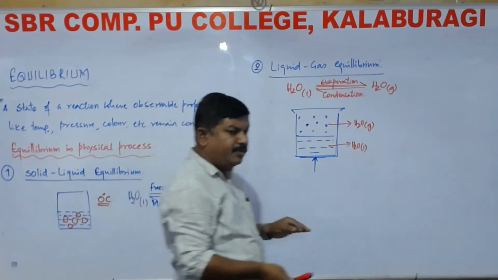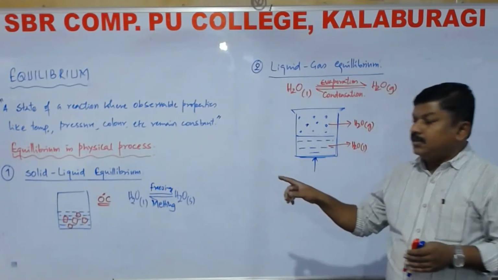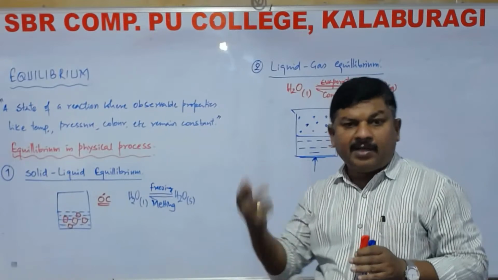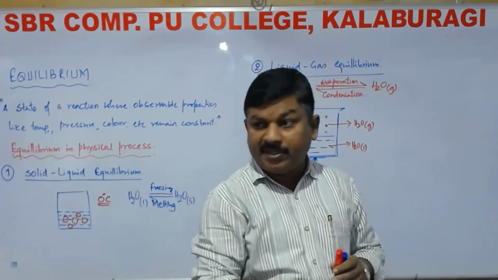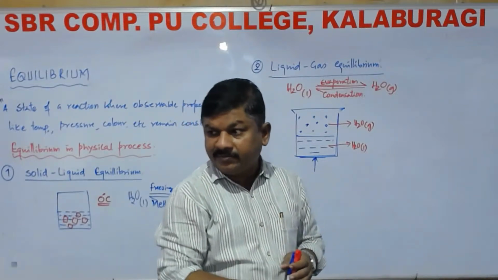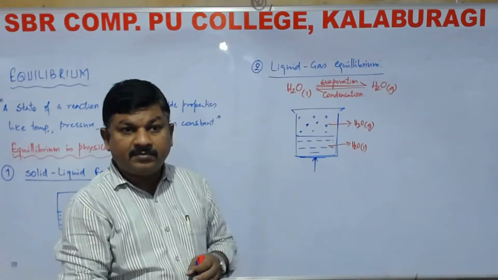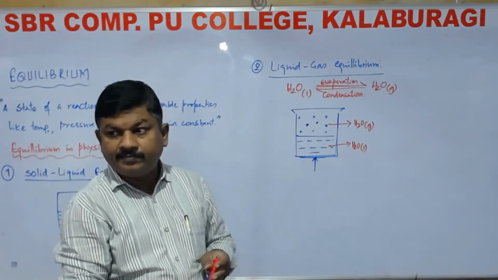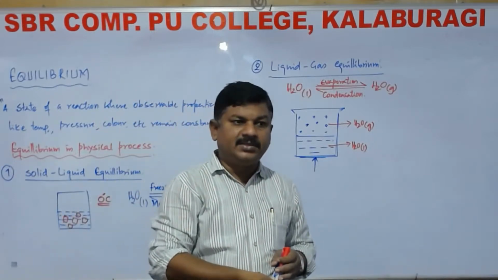Next, we will discuss equilibrium present between gas and solid. For gas and solid equilibrium, what type of substances do we need to consider? Exactly, sublimation. Example for sublimation? Camphor. Next? Naphthalene. What is the formula for naphthalene? A common substance, C10H8.